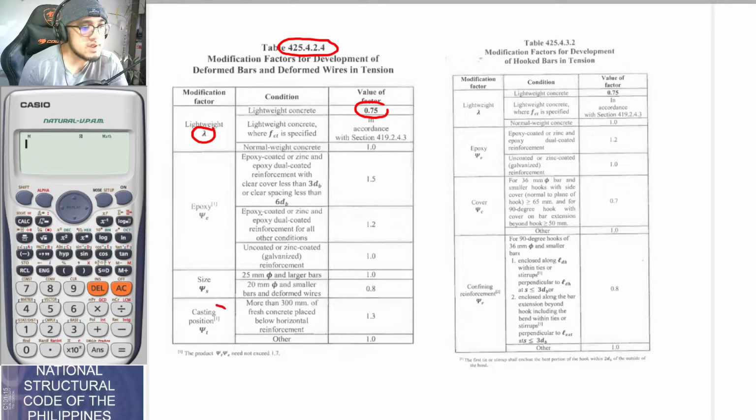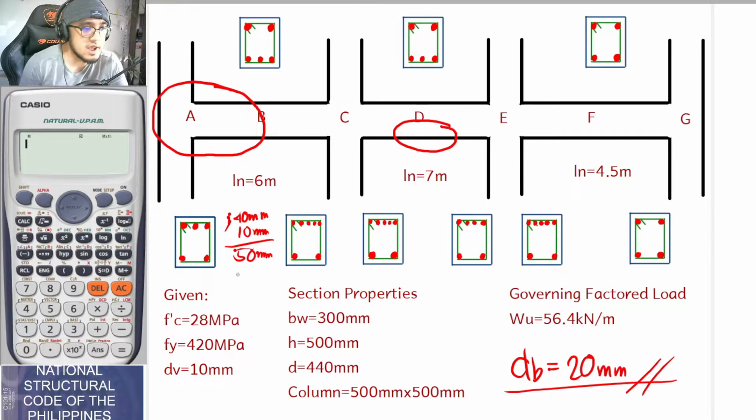So for our psi t or for our casting position, it is to be dependent upon this provision. You would be using 1.3 if more than 300 mm of fresh concrete is placed below the horizontal reinforcement, and if not, 1.0. Okay, so let us check here. In this section, guys, I will just be copying this.